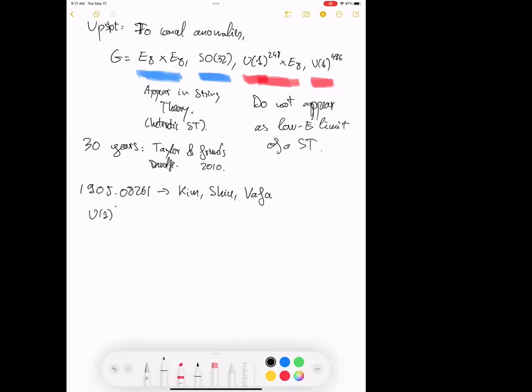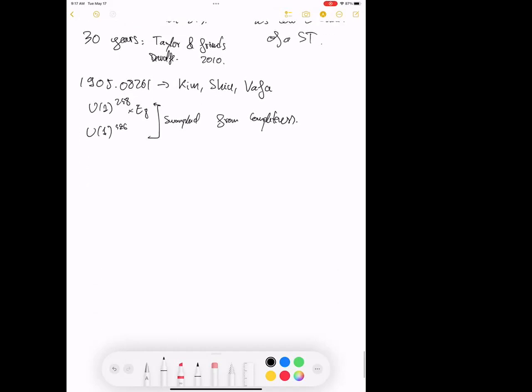So U1 to 248 times E8, and U1 to 496, they're in the Swampland from completeness. Okay, so just the completeness principle becomes very, very powerful with this much supersymmetry in this high number of dimensions.